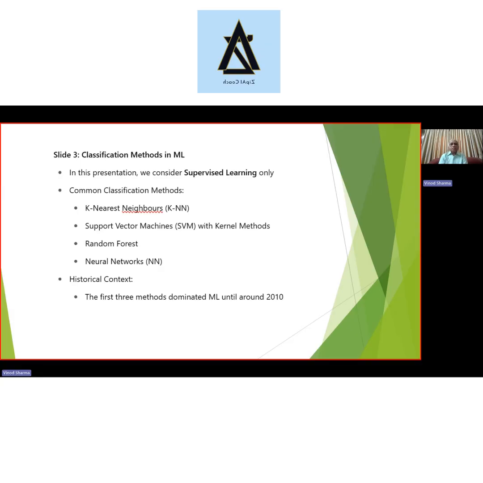In classification, and we will be talking about supervised learning, there are, in general, 4 methods. One is k nearest neighbor, called KNN. Next is support vector machine, SVM, and their generalization by kernel methods. Then there is random forest, and finally there are neural networks.